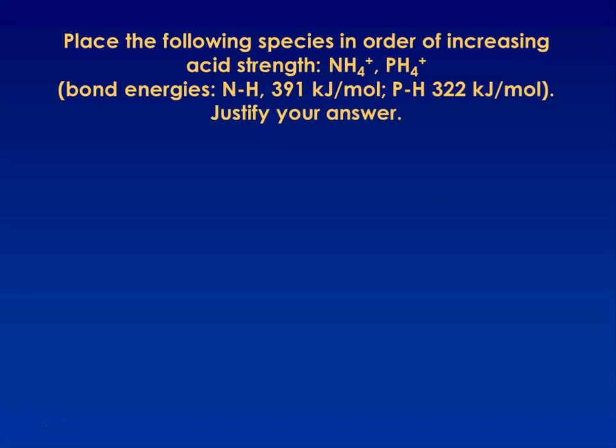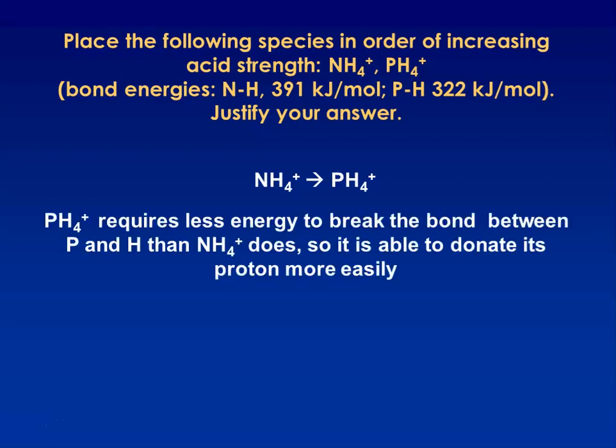Well, if you want to make it more capable of donating protons, you're going to want to use up less energy because that's going to make that happen more quickly. So as a result, NH4 plus is going to be less acidic than PH4 plus because it is going to require more energy to break its bond, and therefore it's going to require more effort to donate that proton.